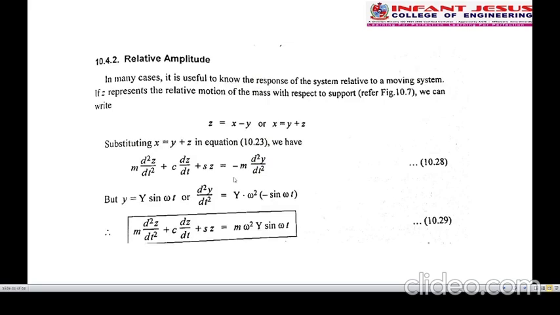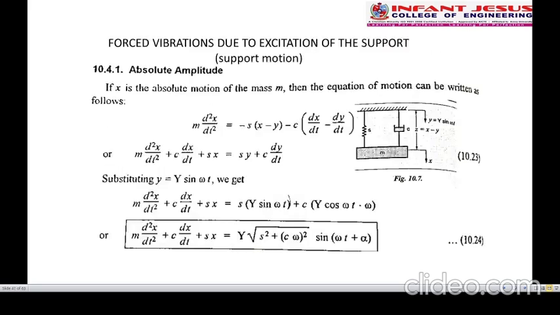Next, the relative amplitude. Already we have seen that the relative amplitude is the response of the system relative to the moving system.